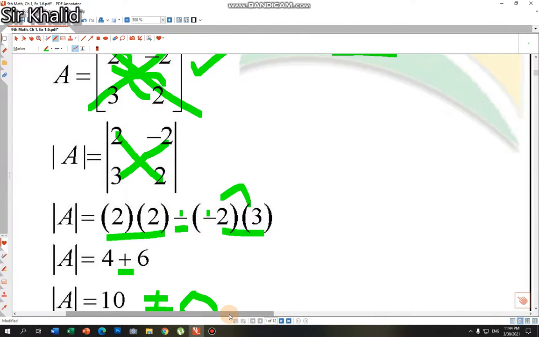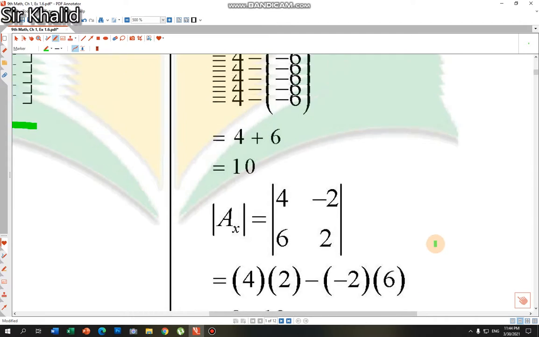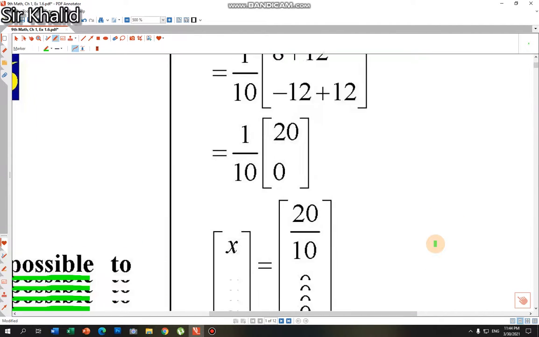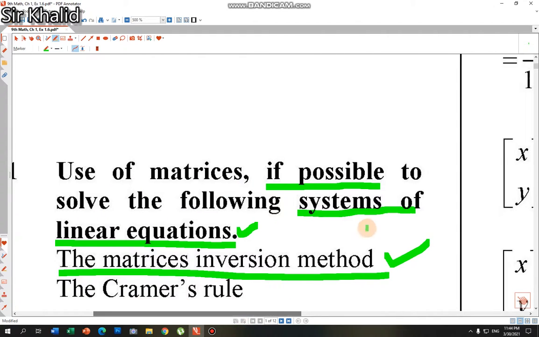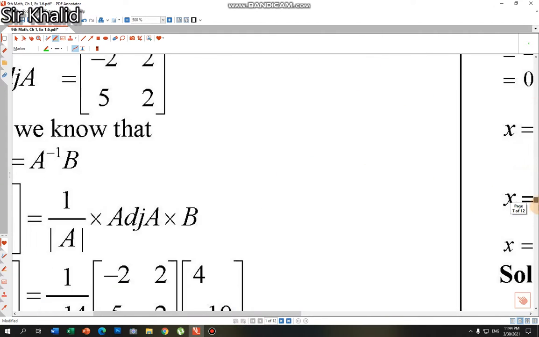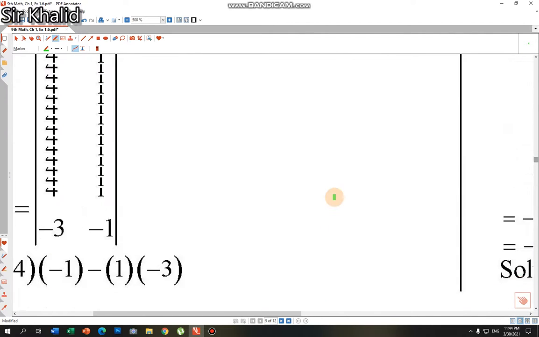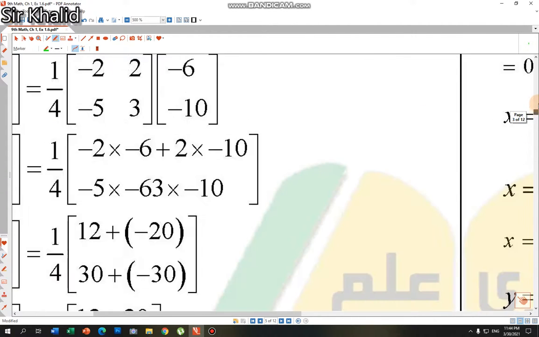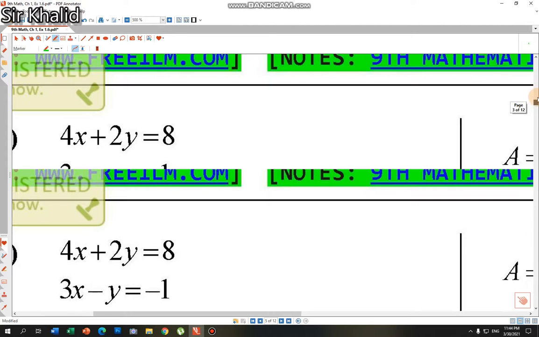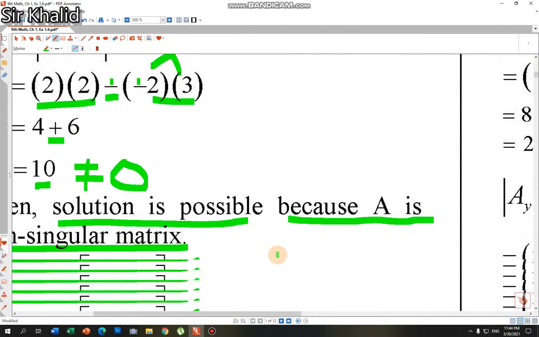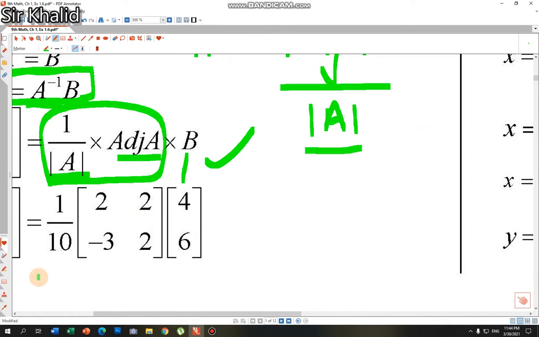After performing this step, move on to the next step, that is you have to multiply these two matrices.